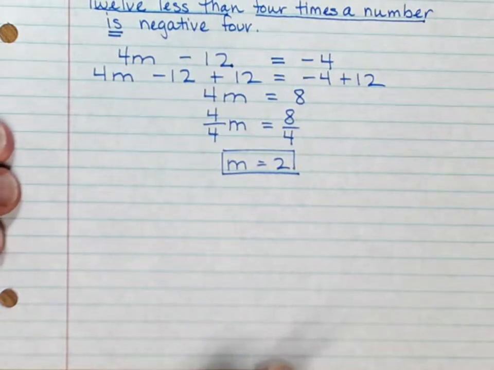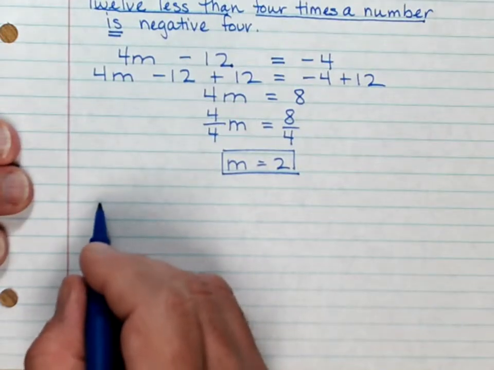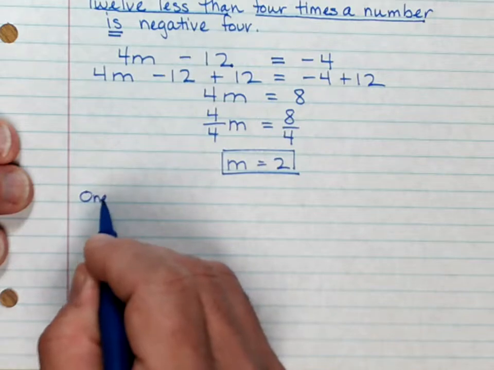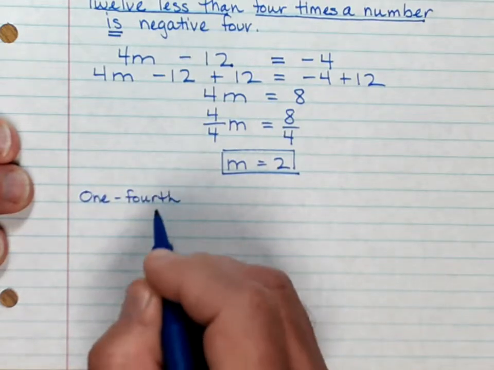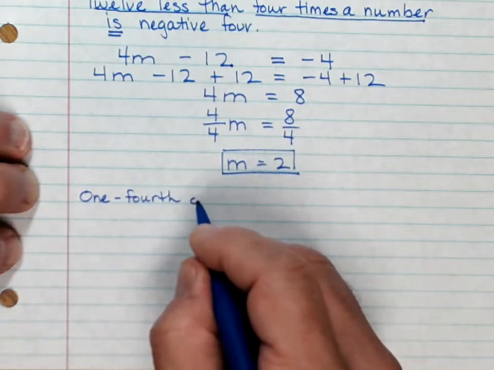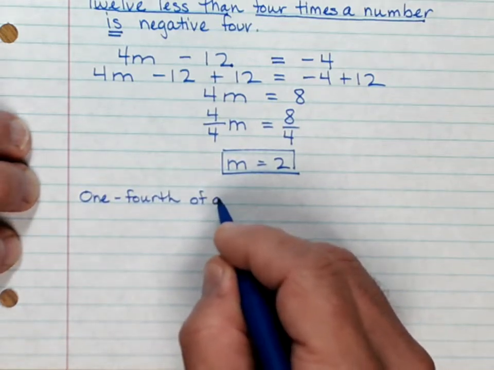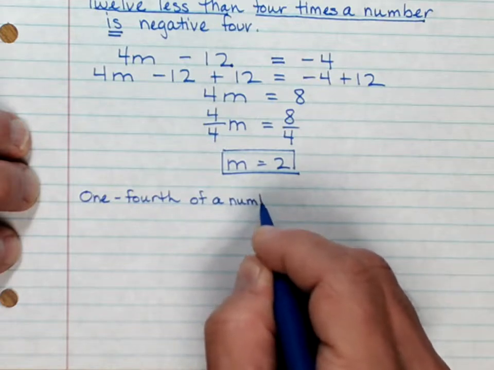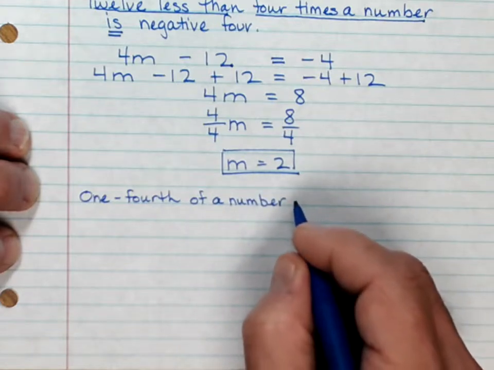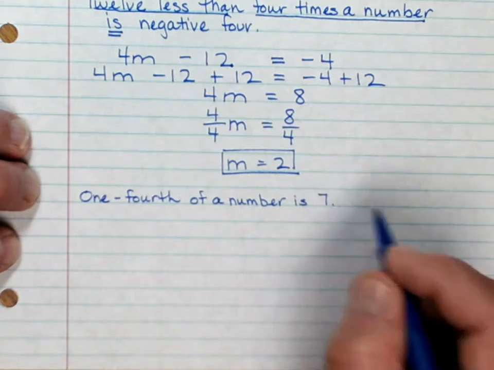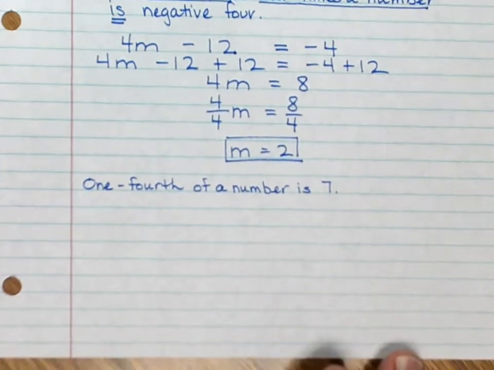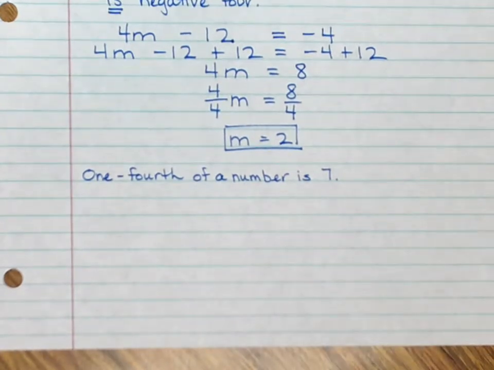Let's try this one. 1/4 of a number is 7. Just so you know, this can be shown two ways. So 1/4 of a number.